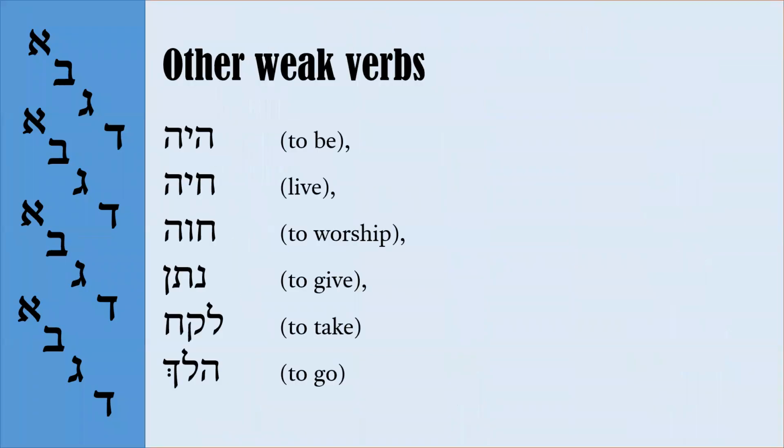Okay, so let's continue. Other weak verbs, these are the verb haya, to be, and haya, to live. So do you see it's very similar? The only difference is in the first letter, hey or het. The verb hava, this verb is very particular because it is a weak verb, but the problem with this verb is that it occurs in one binyan, which is not among the 7 binyanim that we study.